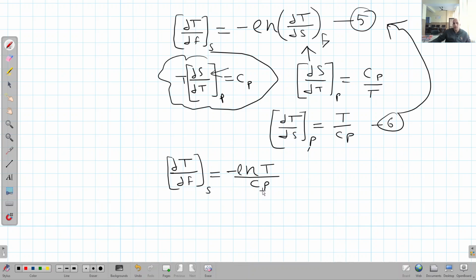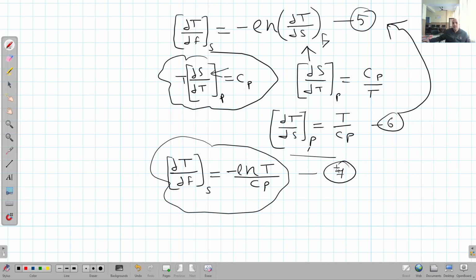Clear? This is now the modified equation number 5 after putting equation number 6 in it. Let this be equation number 7.